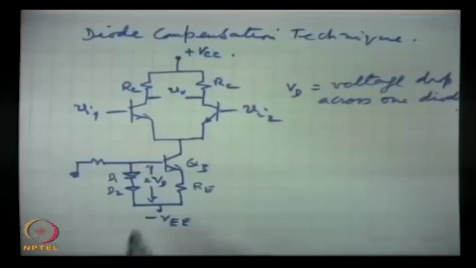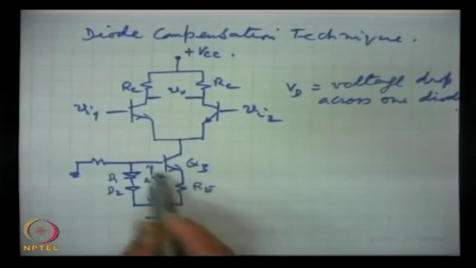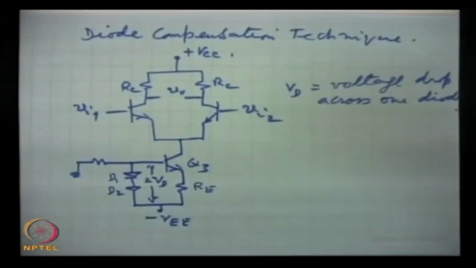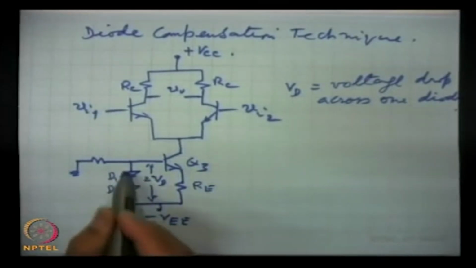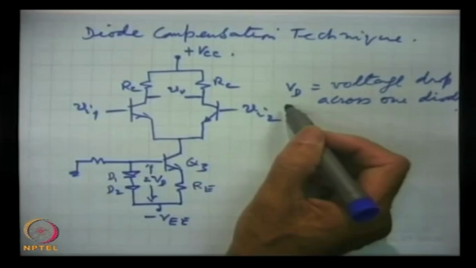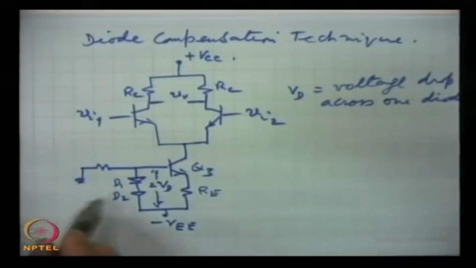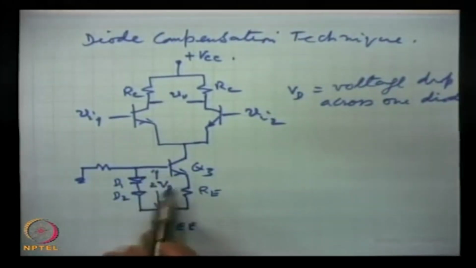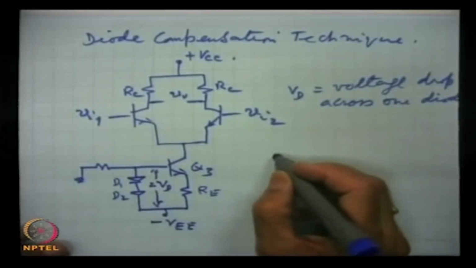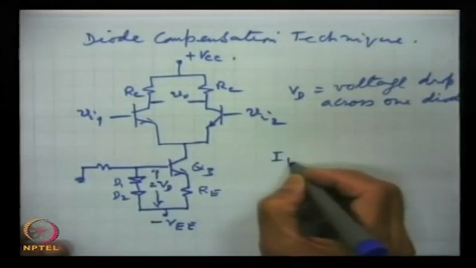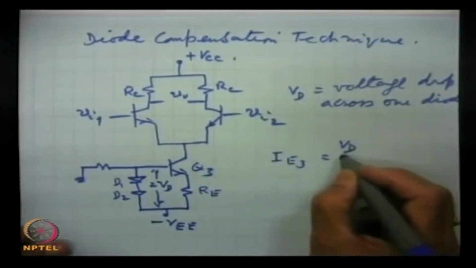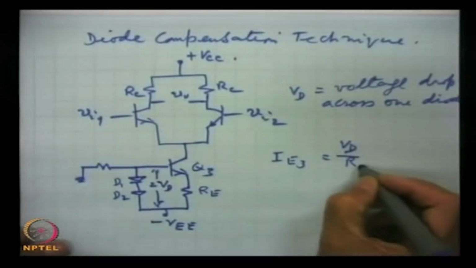So, any variation which will occur here will be compensated, because this voltage VD will also be temperature dependent, and they will change to compensate the changes. Hence, this circuit can be analyzed, and IE3 is equal to VD by RE.